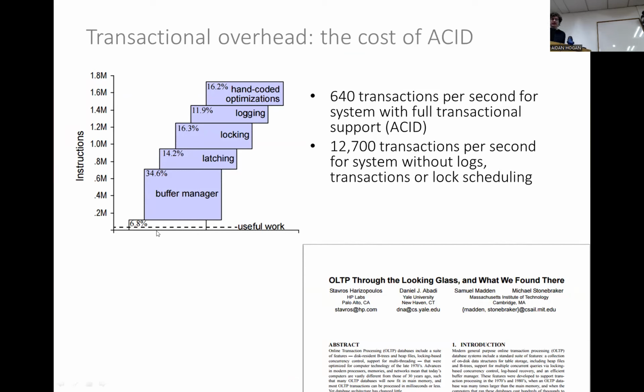They measured the time and figured that only about 6.8% of the actual work being done in this in-memory database related to actually getting the results for queries, for example, or inserting data. The rest were costs relating to transactions. With transactions and ACID, one could process 640 transactions per second. Without ACID, turning off transactions.